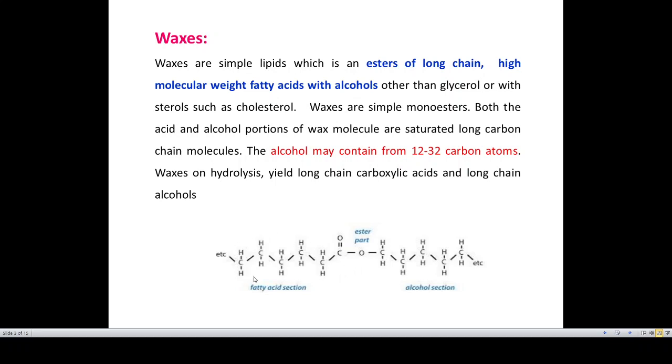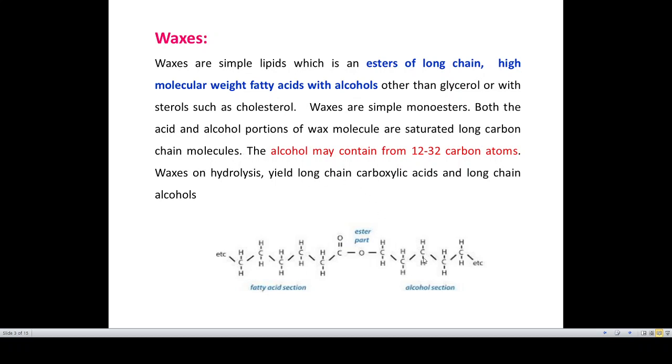Here both the fatty acid as well as the alcohol portion of the waxes are generally saturated long chain molecules, meaning they do not have any double bond, and the number of carbon atoms is very large, and hence we say long carbon chain molecule.